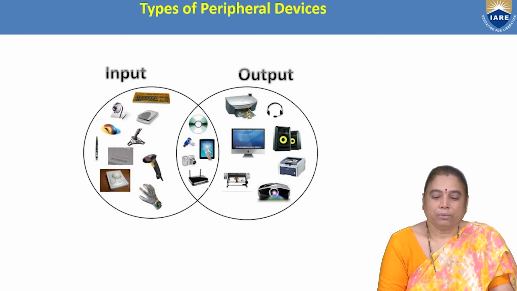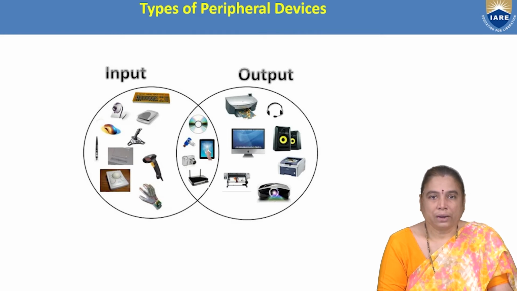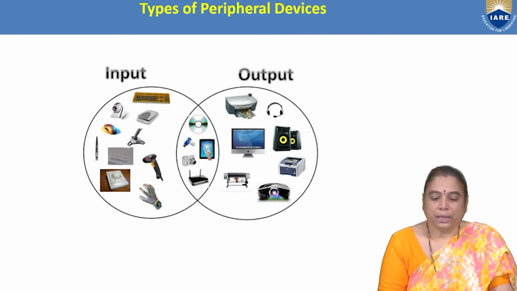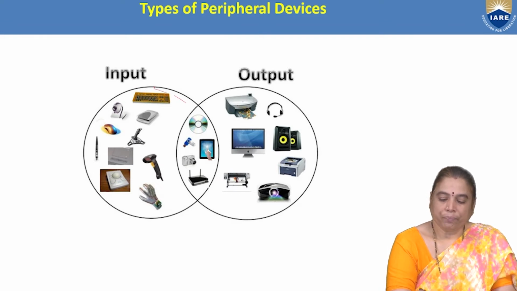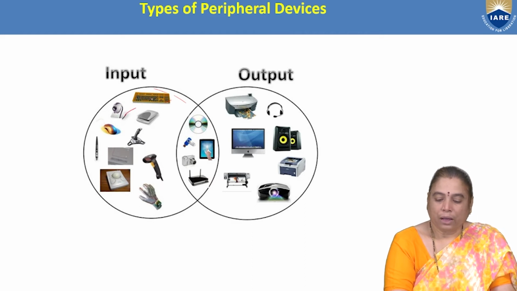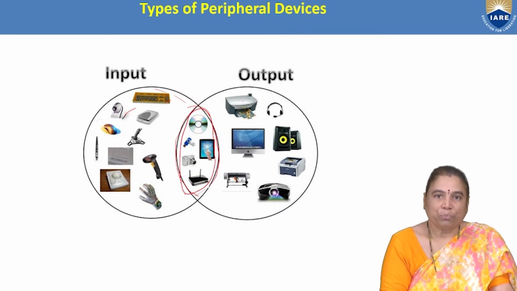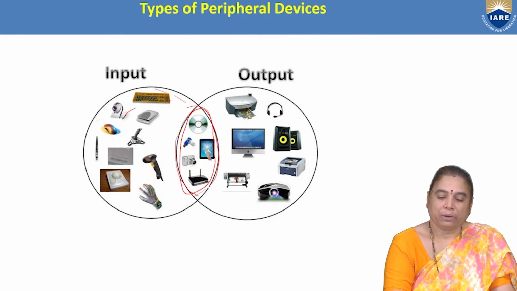Here the various types of peripherals are pictorially represented. All these devices come under the input category: light pen, keyboard, mouse, touch screen, modems. The intersection of these devices can be used for both input as well as output. So these are the input-output peripherals.